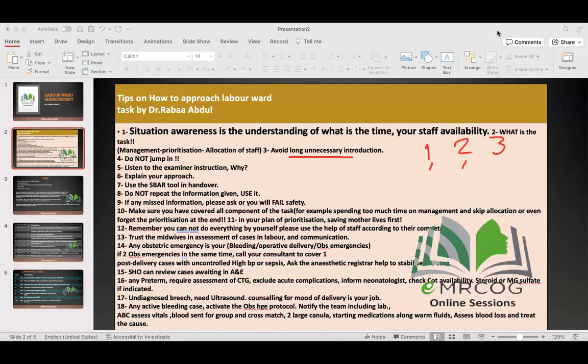You have this information. If you need anything, please ask me, and if you need further information, ask me about it. Then I will expect from you a safe management for this case, prioritization and allocation of staff. This is what the examiner can tell you, but is there a difference between the first and second examiner?